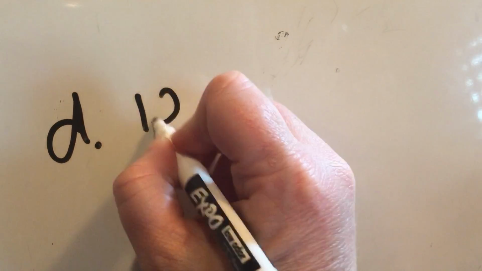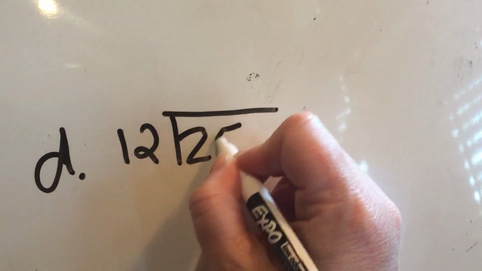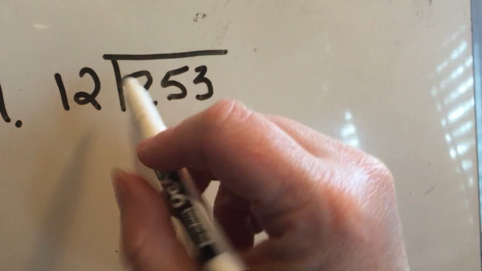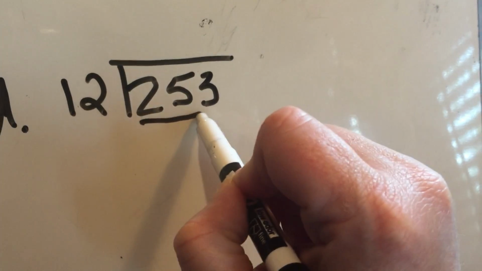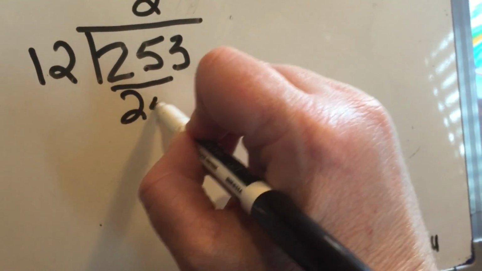Okay, problem D says 253 divided by 12. Okay, 12 will go into 25 twice. 2 times 12 is 24.